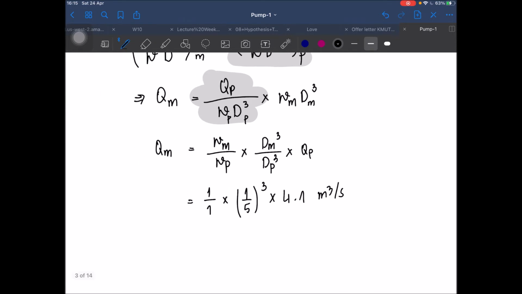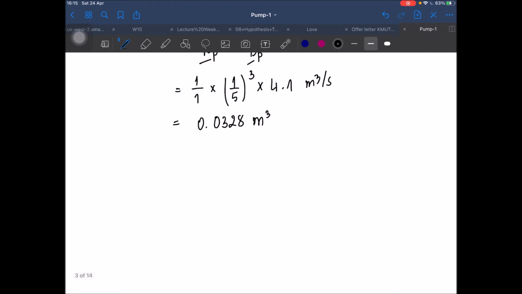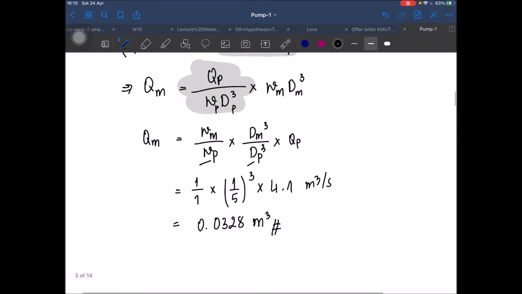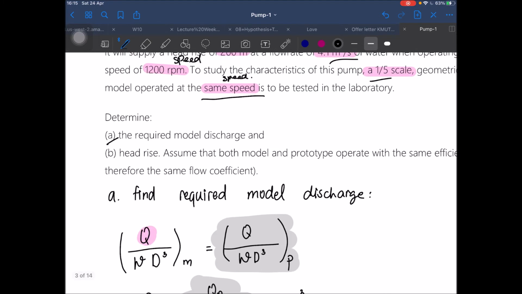So Q is the only thing with a unit, because everything else is cancelled out since it has the same unit, and the final answer we have is 0.0328 cubic meters per second. So this is the answer for the flow rate. To make it similar, we have to have the two equations equal, so that we can see that it has the same flow coefficient, and then we can find the required model discharge.